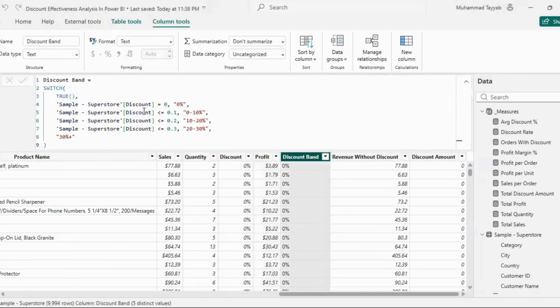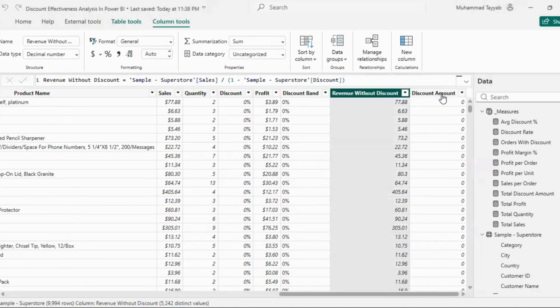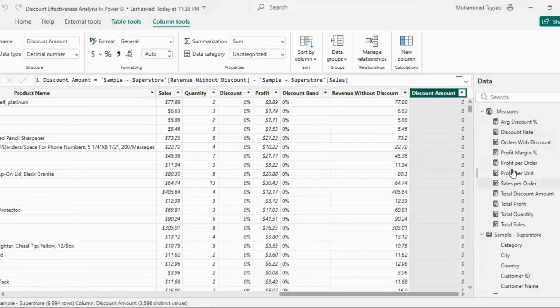So here I've created a discount band to categorize the discount into five different bands. Firstly, we have zero discount, then 0 to 10, 10 to 20, 20 to 30, and then 30 plus. And then we have revenue without discount and then the discount amount. And other than that, I've created a few measures as well. I'll show you in a while.